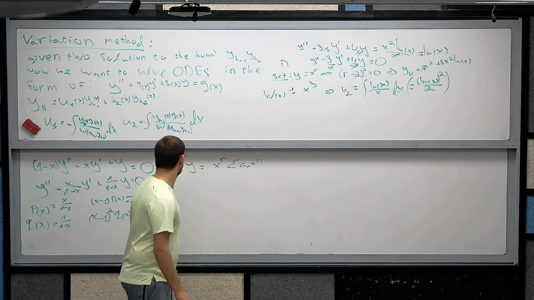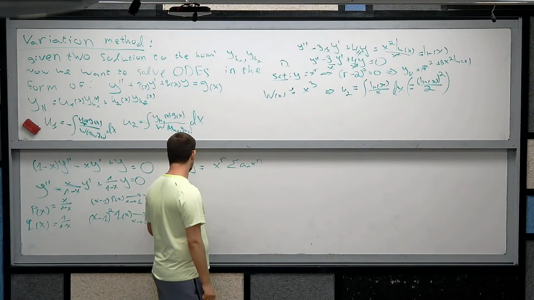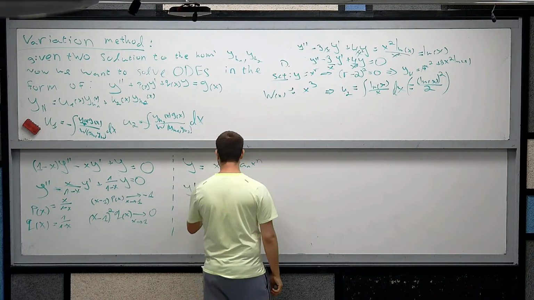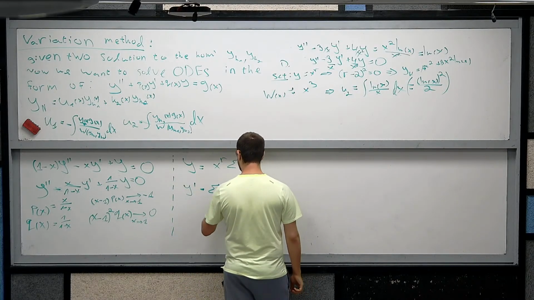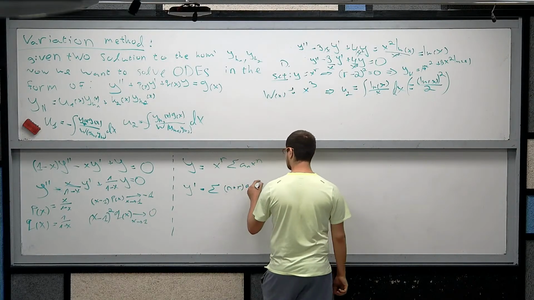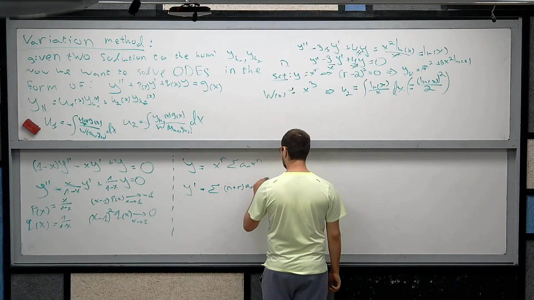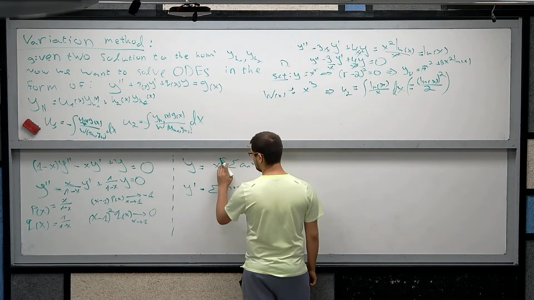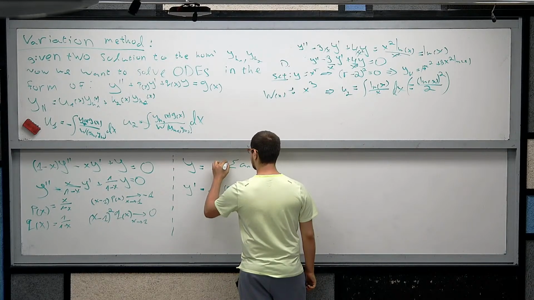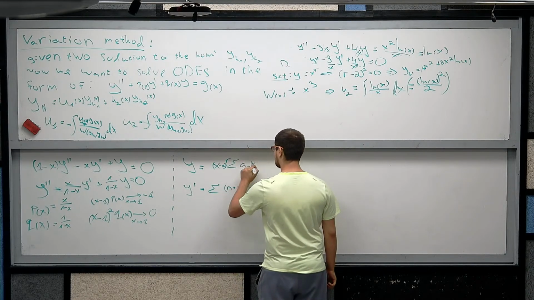So let's start. First, writing derivatives. y prime is the sum of (n plus r) a_n x to the n plus r. Oh, by the way, no one caught me doing wrong stuff. That is very bad.